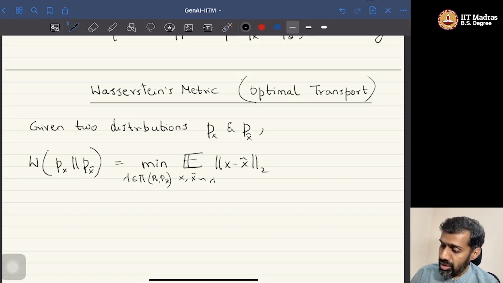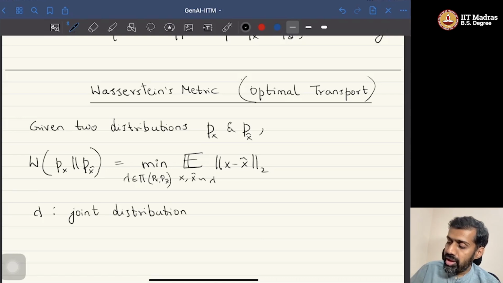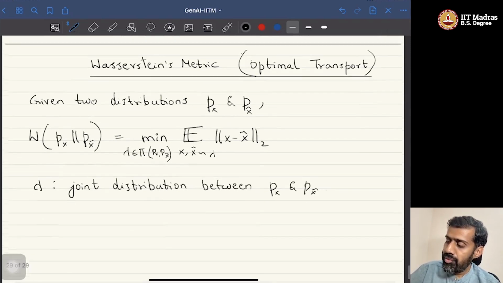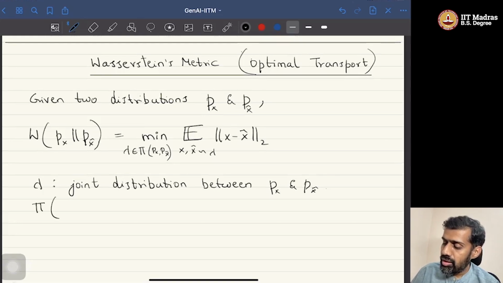So now gamma is a joint distribution between px and px cap. Okay, and pi is all possible joint distributions, where gamma is one joint distribution between px and p cap.